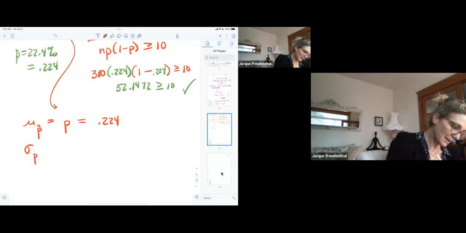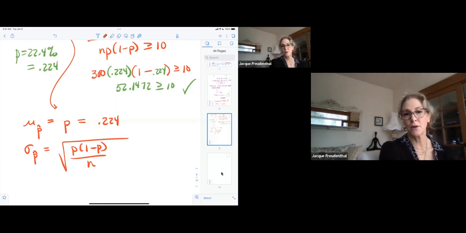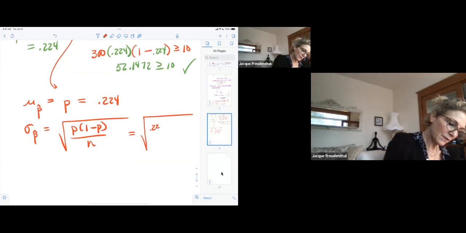The other parameter is the standard deviation, which is the standard deviation of the sample proportion, the same as the square root of p times 1 minus p over n. So we need to calculate this. 0.224 times 1 minus 0.224, all divided by 300.